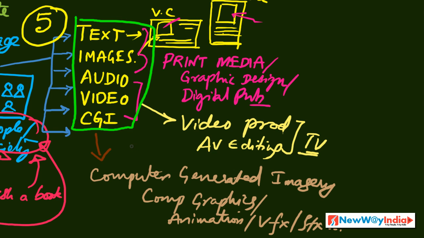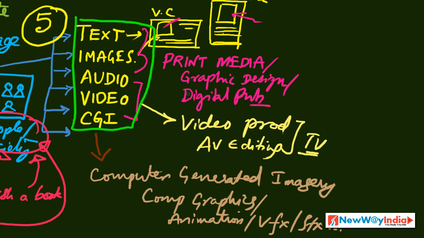You will come to know in the next videos what print media is and all those things, what the different software are, and what kind of careers you can have. In the next video, audio video production: what is audio editing, what is video editing, what software is involved, and what kind of careers there are. Especially my focus is on what kind of art skills you require. It's not simply software, it's not simply understanding the concepts.